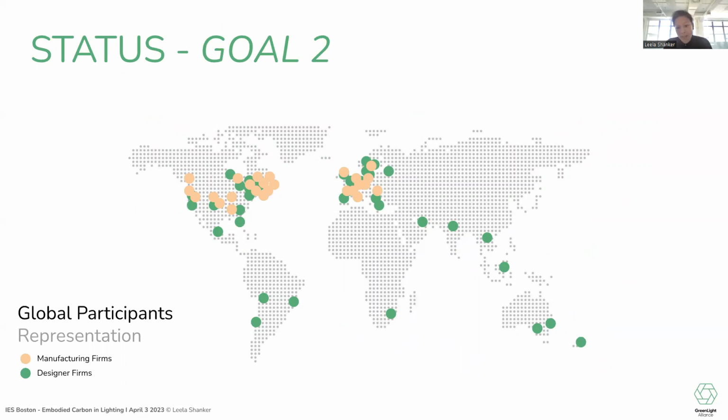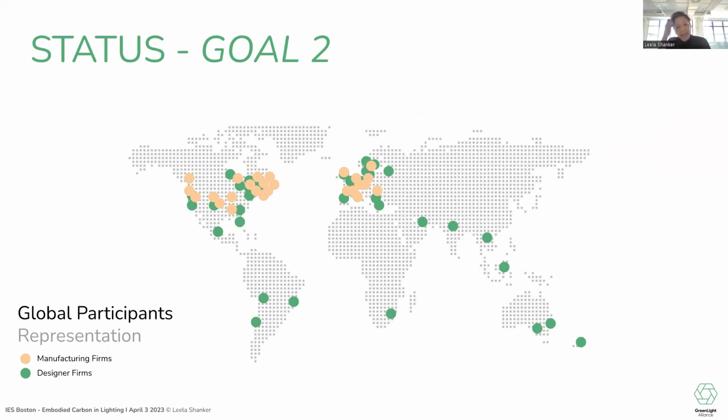So this map just shows you that the idea of global harmonization and transparency for what's happening in different parts of the world is very much true. We see that manufacturers are largely represented across Europe and North America, and that we have designers from every continent.